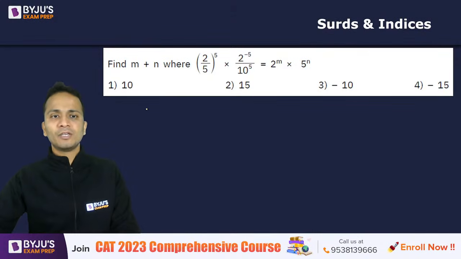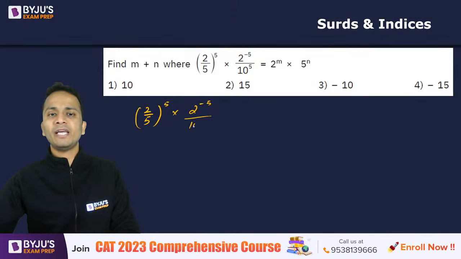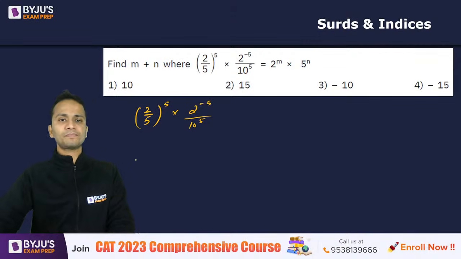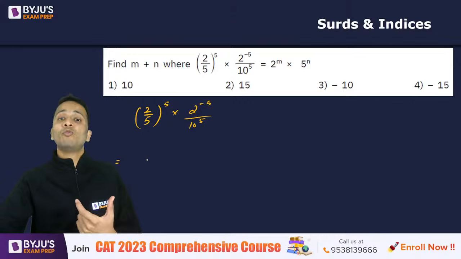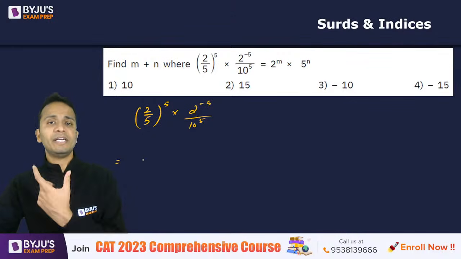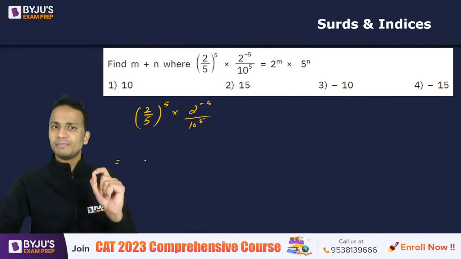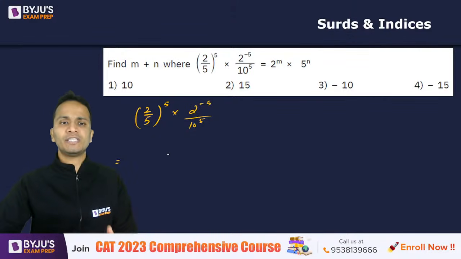Left hand side, I'll write it as it is, 2 raised to the power 5 whole raised to the power 5 multiplied by 2 raised to the power minus 5 divided by 10 raised to the power 5. Okay, so first of all let's separate the powers, okay? And wherever we can, we'll separate the bases as well. So we can separate the powers as well as the bases on the left hand side.